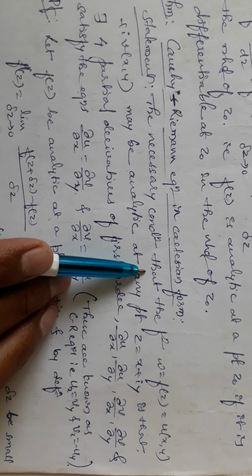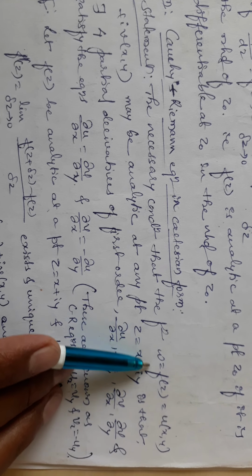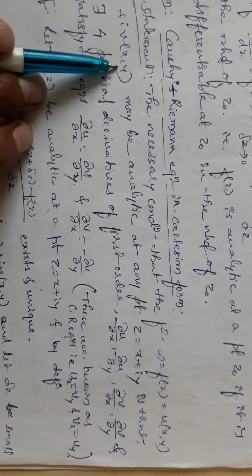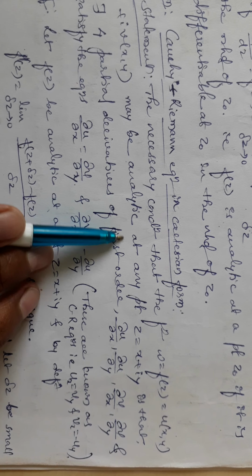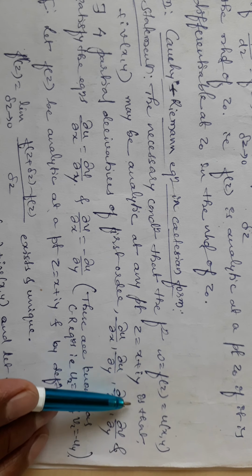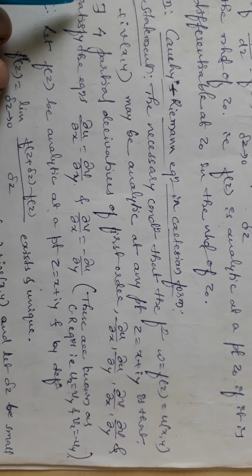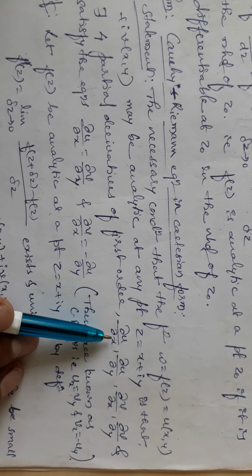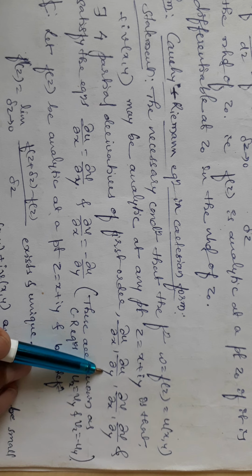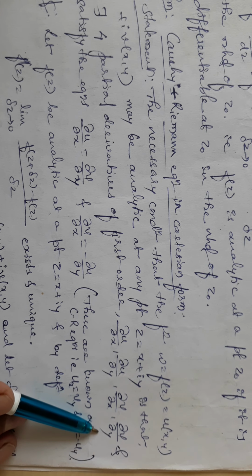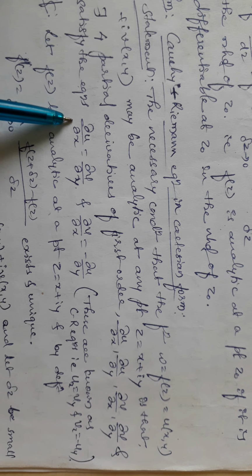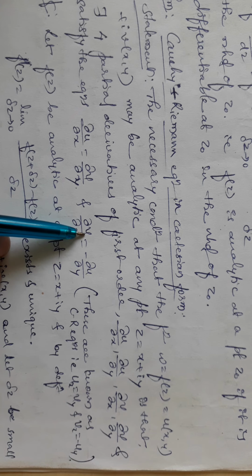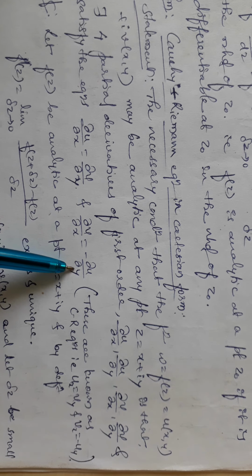The necessary condition that the function w equal to f of z, that is u of x y plus i into v of x y, may be analytic at any point z equal to x plus iy is that there exist four partial derivatives of first order, that is dou u by dou x, dou u by dou y, dou v by dou x, dou v by dou y, and satisfy the equations dou u by dou x equal to dou v by dou y and dou v by dou x equal to minus dou u by dou y.